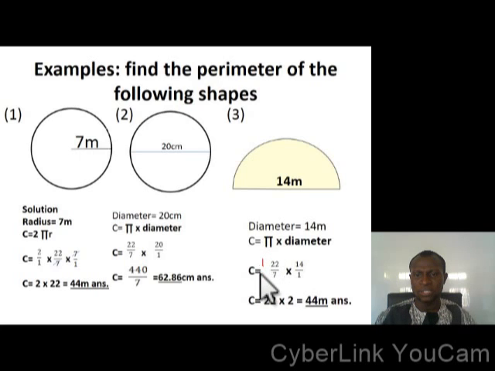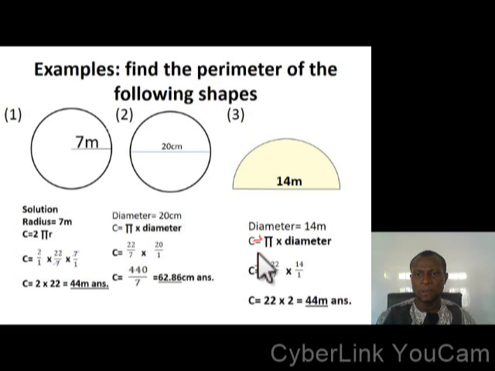Because it's a semicircle, you have to say half, that's 1/2, as you have it here. 1/2 times pi, that's what you're supposed to have here. That should be half of this shape.